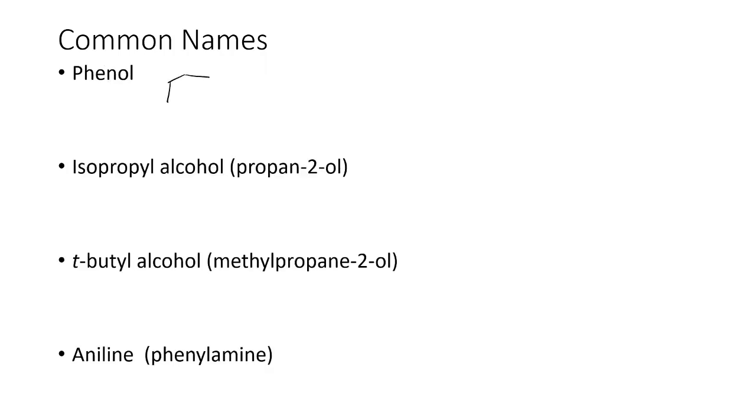Phenol is our benzene ring associated with an OH. And once again, this is just the only way we really see this molecule named. Isopropyl alcohol, also called propan-2-ol, is where we have our 3-carbon chain and we have the alcohol on carbon atom number 2.